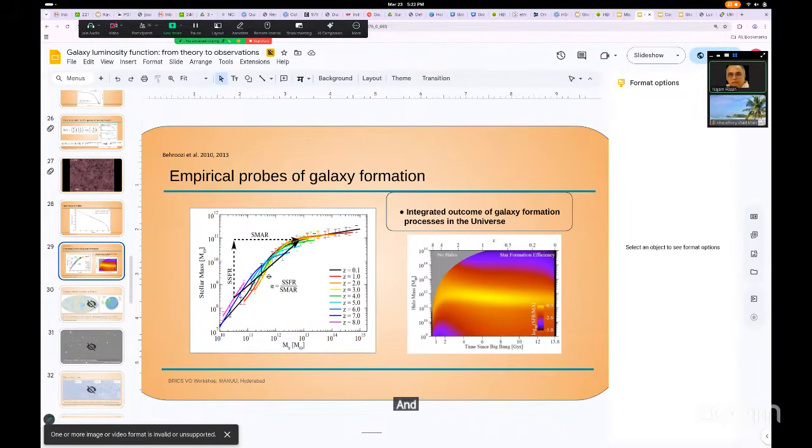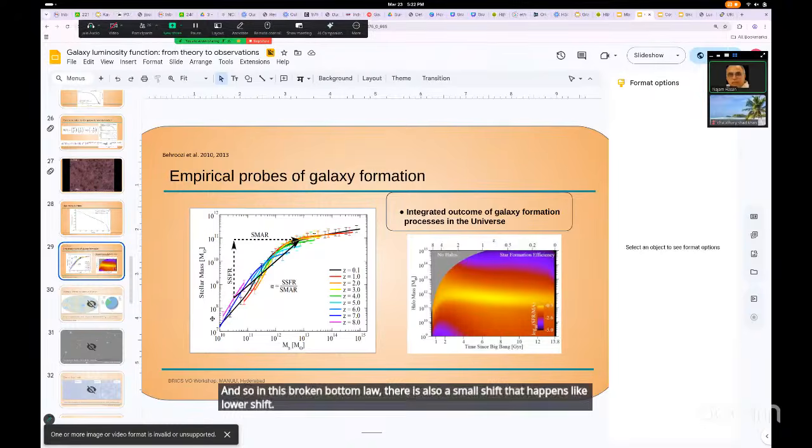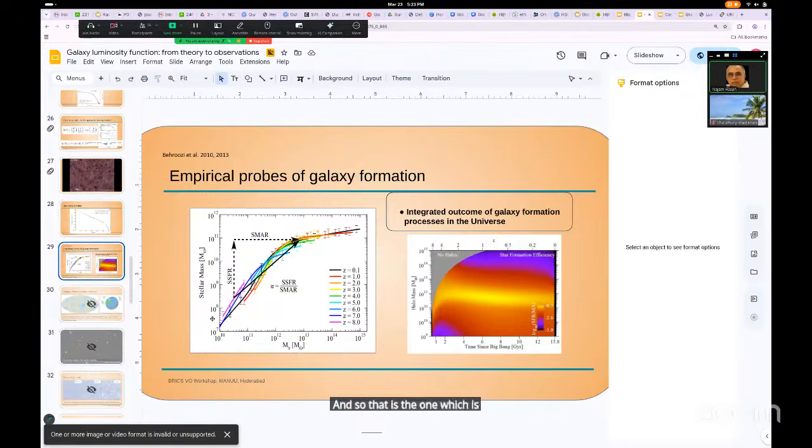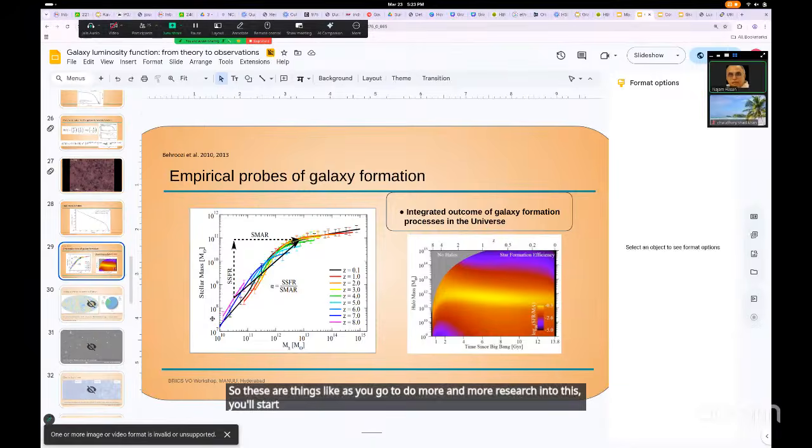And so in this broken power law, there is also a small shift that happens at low redshift. And so that is the one which is causing that upturn. So these are things that as you go to do more and more research into this, you will start to see these things come up.